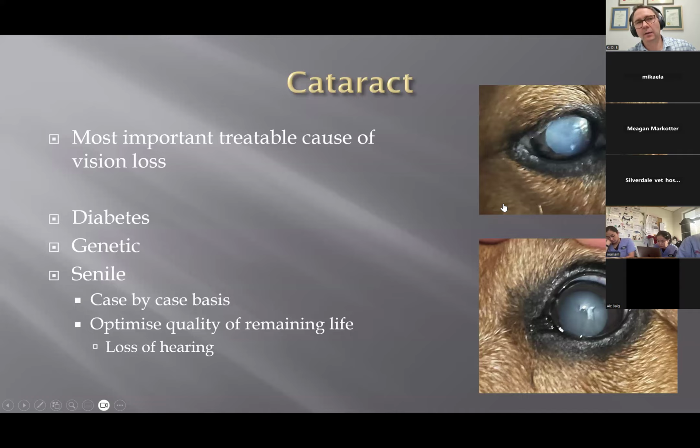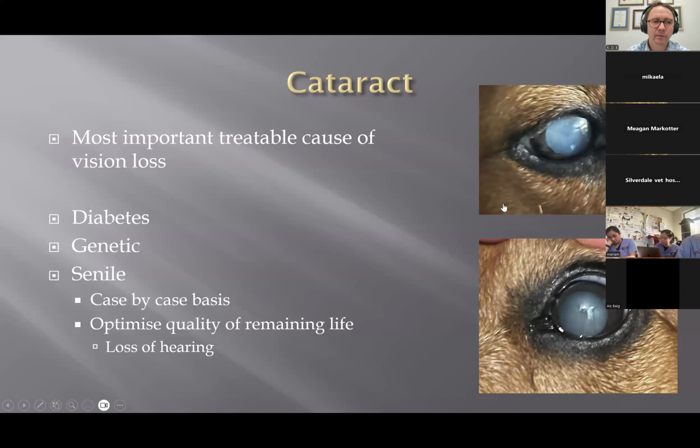Genetic cataracts: some breeds are higher risk than others for developing these, and they vary in their severity and their rate of progression. And then the senile ones. I won't spend a lot of time talking about senile cataracts today, but we do the odd senile case, and they're always a tough one to figure out.